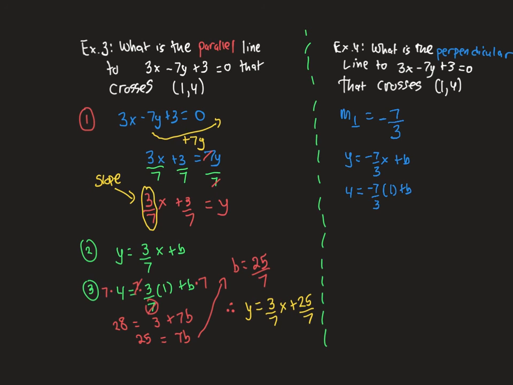Let's do the same thing we did over here. Multiply everything by 3. 3 cancel out. 3 times 4 is 12. It's equal to negative 7 times 1, which is negative 7, plus 3b. 7 goes to the other side, leaving me with 3b is equal to 19. So b is equal to 19 over 3. So therefore, my equation is y is equal to negative 7 over 3 x plus 19 over 3.